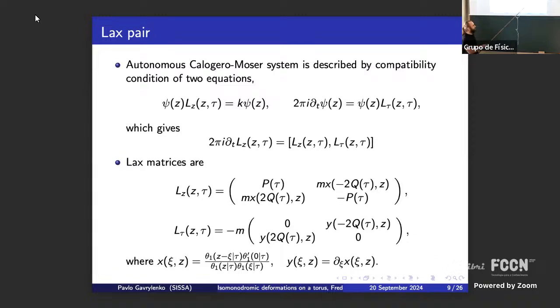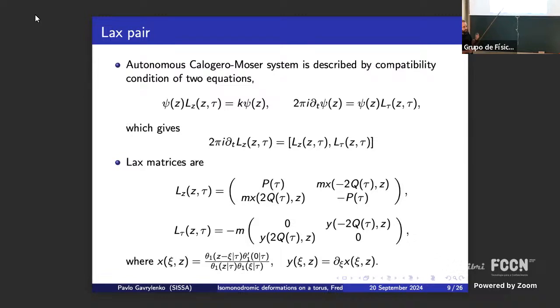There is also this matrix that describes the evolution. So there is this Lax evolution given by the usual formula. It tells that the Lax matrix will be transformed by some conjugation. It's this ratio of theta functions.